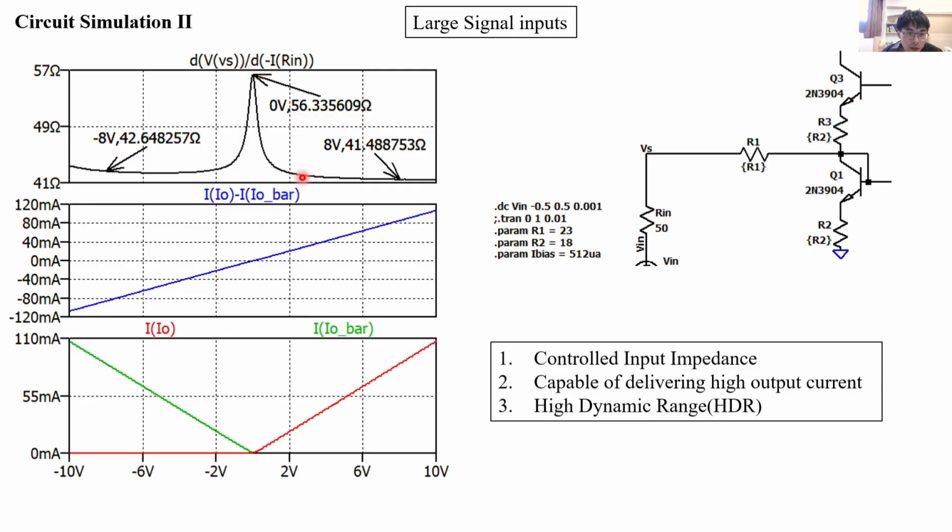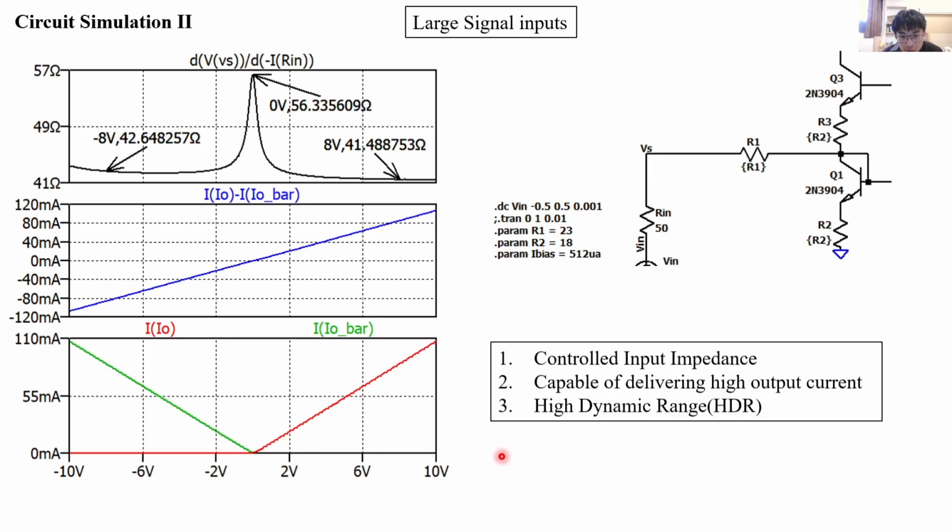If Vin goes to 8 volts, the input impedance equals about 41 ohms, which is approximately R1 plus R2. And for negative 8 volts, it's also about the same value.